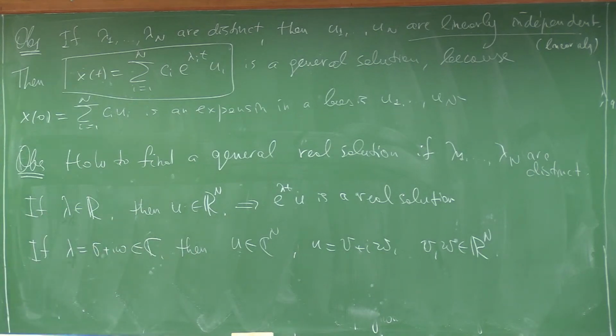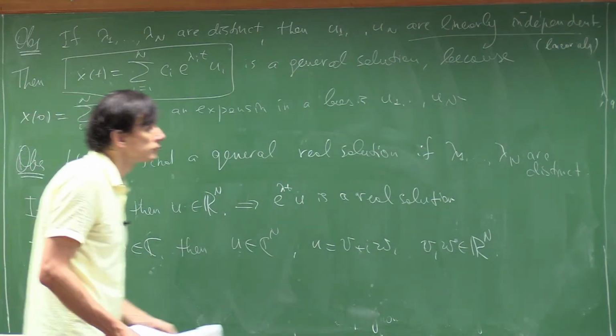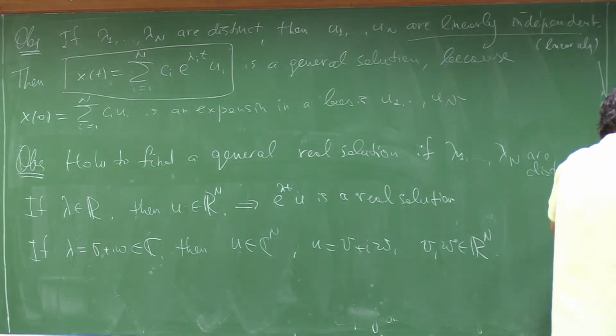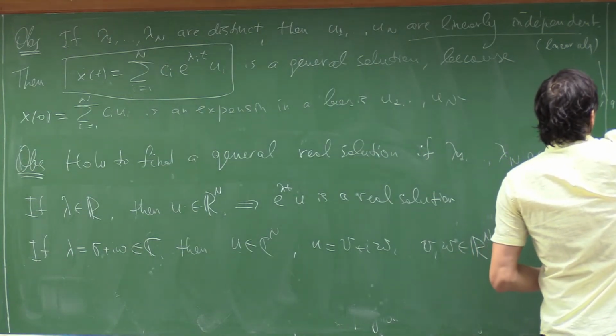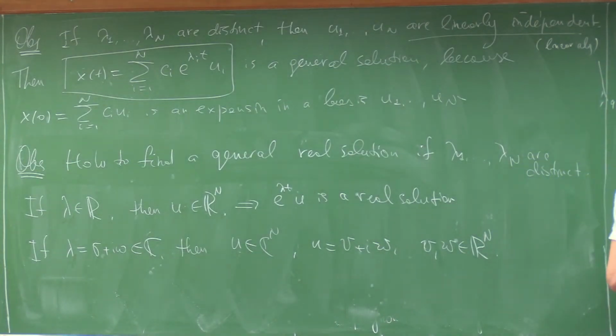What you do is just write the solution: exponent of lambda t times u.